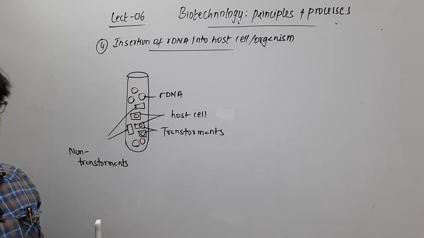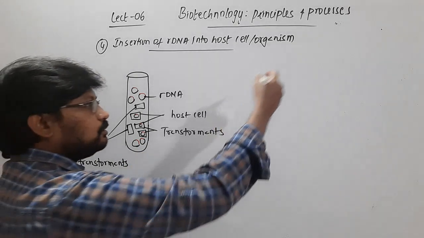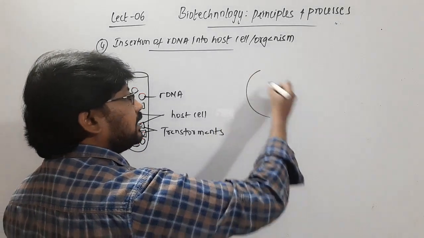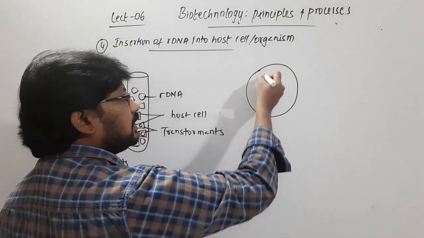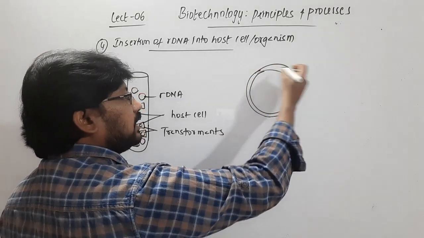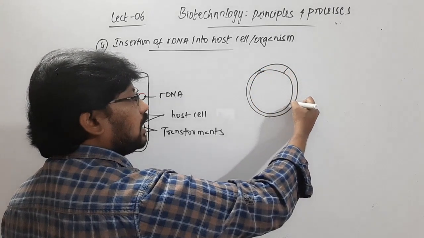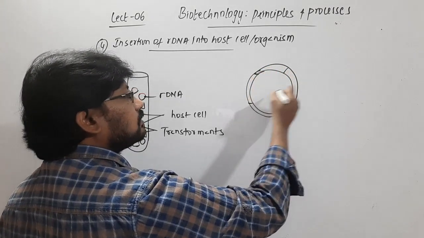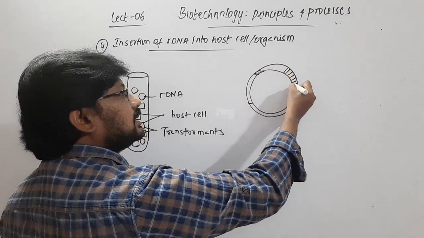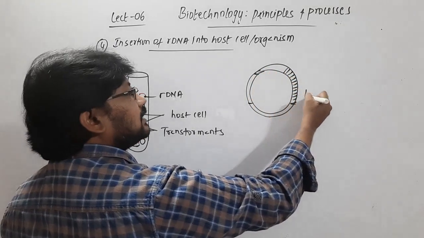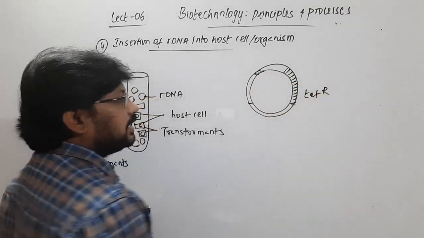So by linking that gene of interest to antibiotic resistant genes. When we looked at the plasmids, like in the case of pBR322, I told you that this is the region where there is a tetracycline resistant gene.